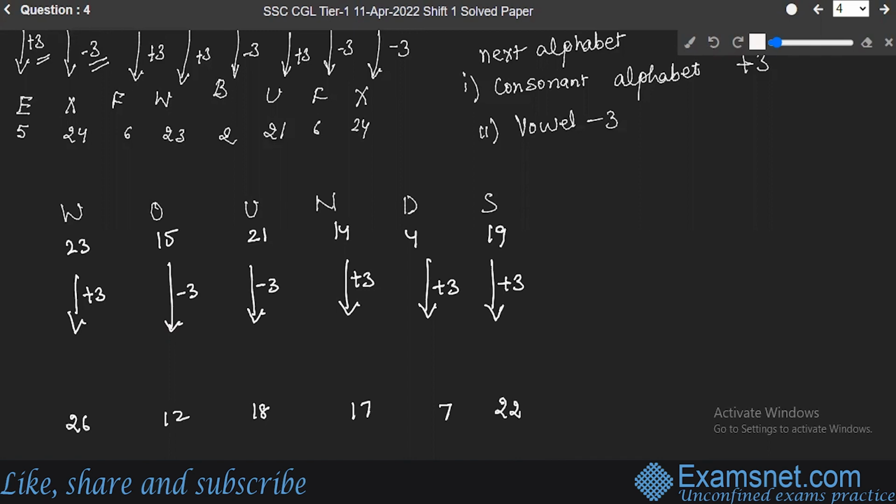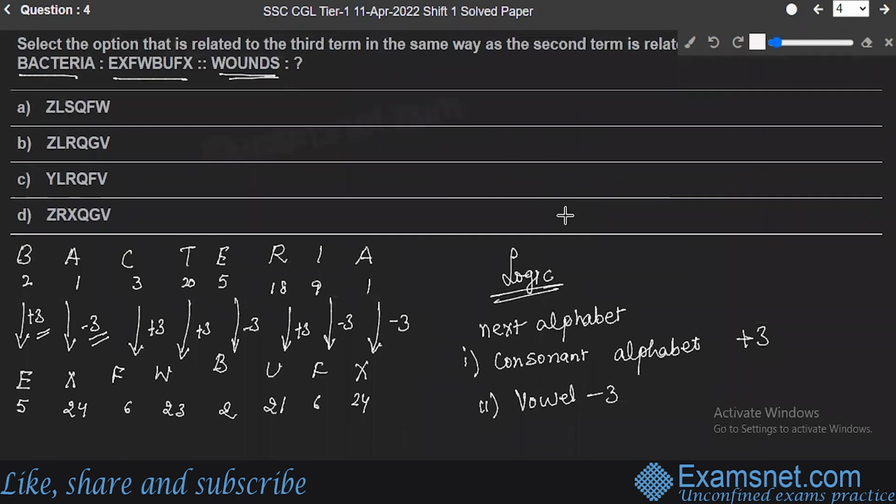So what is the alphabet at number 26? It's Z. Here will be L. Here is R, Q, G, and V. Right? So it is Z, L, R, Q, G, V. Let's check out the options, which is the correct one. Here it is. Option B is the correct answer for this question.